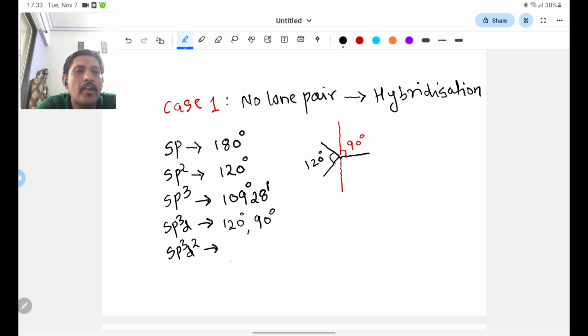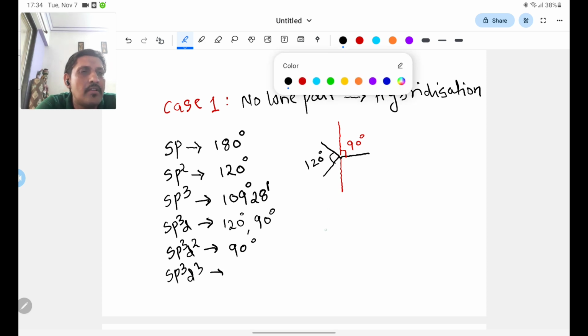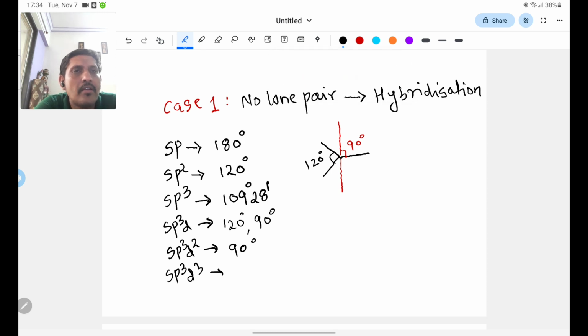the bond angle in sp3d2 is 90 degree. In case of sp3d3 hybridization, we have a geometry like pentagonal bipyramidal, just like this.